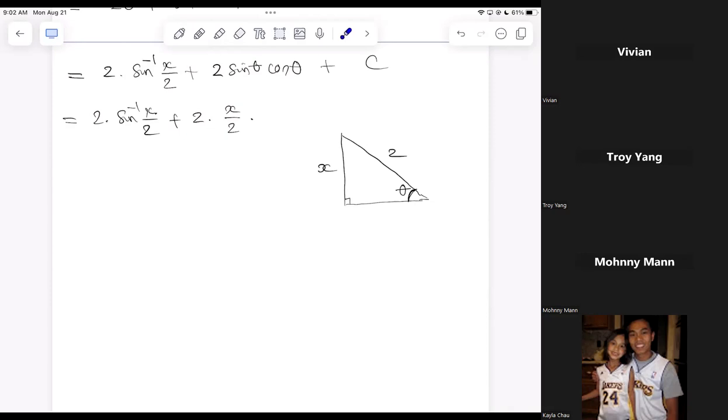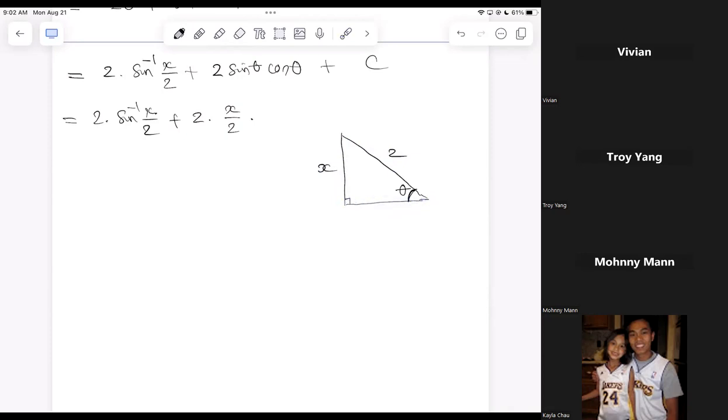So for this right triangle, the opposite equals x and the hypotenuse equals 2. Can I find this length? I should apply the Pythagorean theorem.